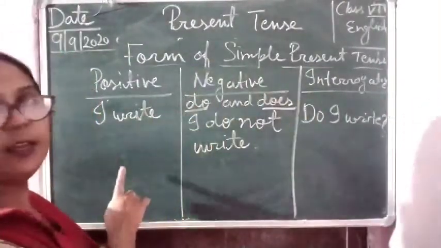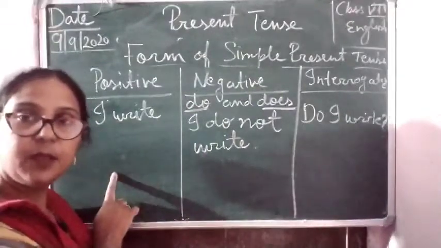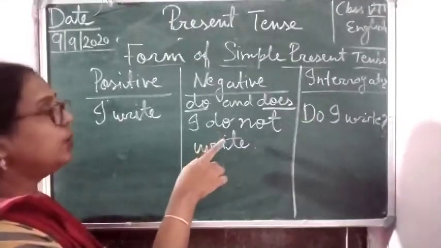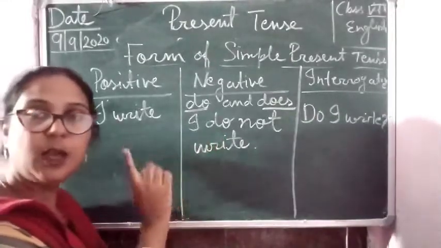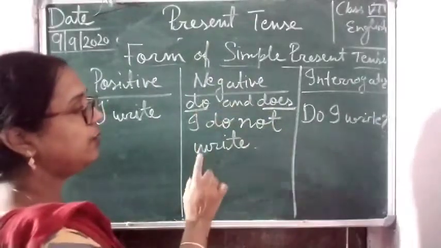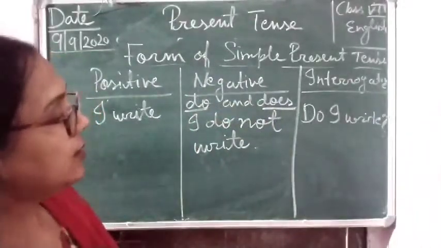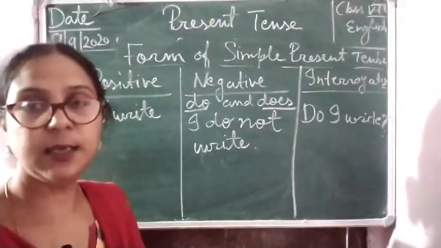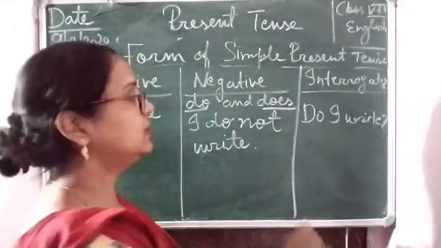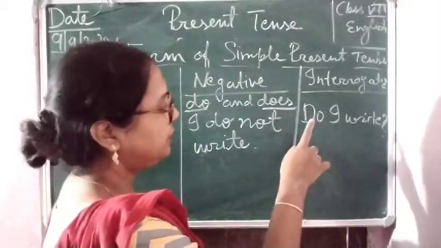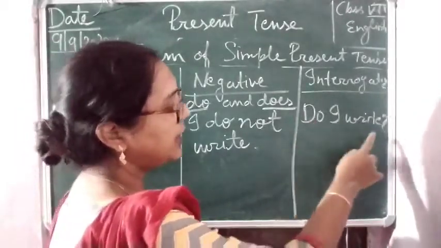In positive, only I write. In negative, we use do and does: I do not write. When making an interrogative sentence in simple present tense, we use do and does at the first place: do I write?